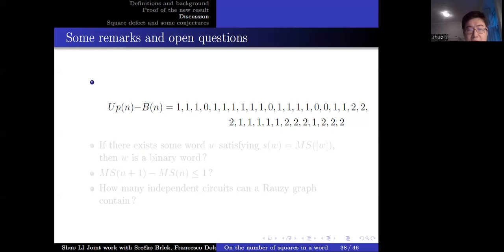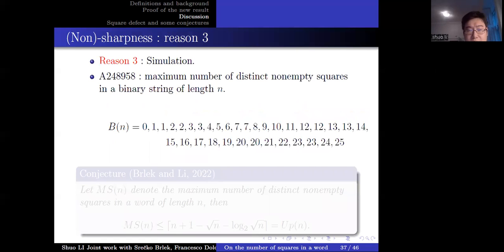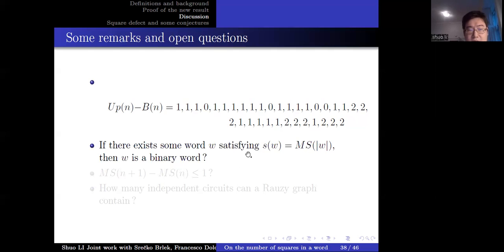If we check the sequence Bn, this conjecture works well, and if the sequence ms is exactly the sequence Bn, which means the first question is verified, then we may expect that the second one is also true.